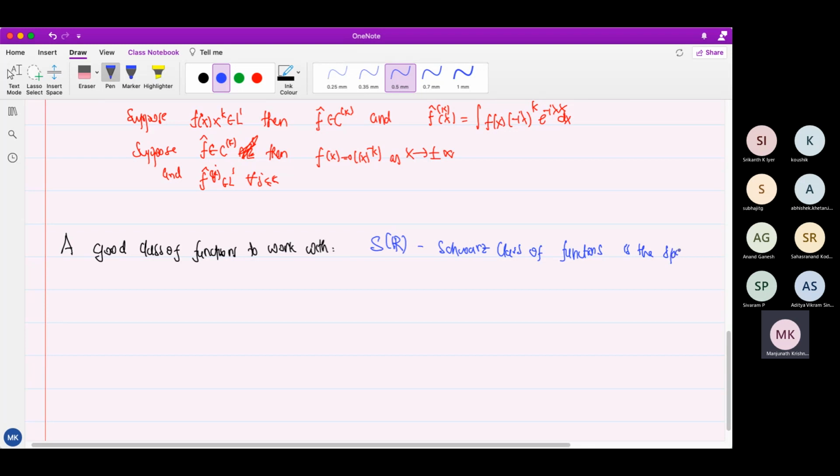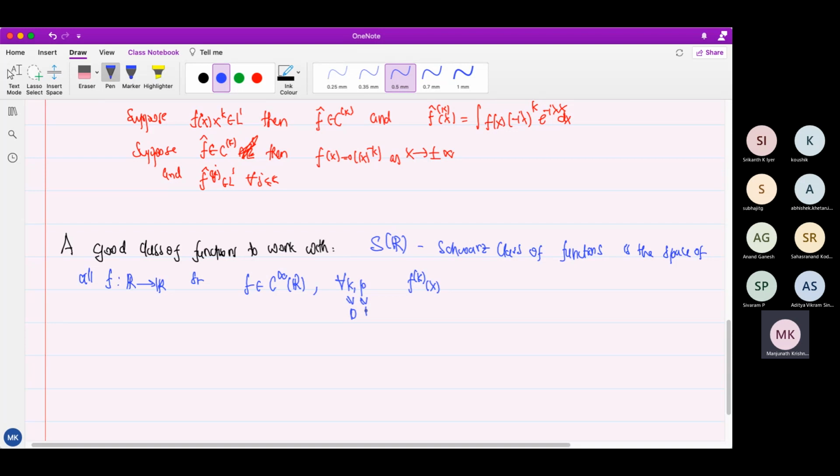It is the space of all functions from R to R such that f is, first of all, infinitely differentiable. It should be infinitely smooth. And for all k and p, if you look at the kth derivative of f, for all k greater than or equal to 0, p greater than or equal to 0, where k equals 0 means the original function.